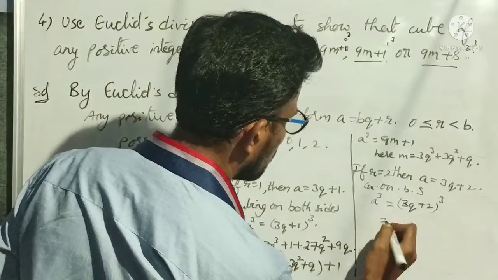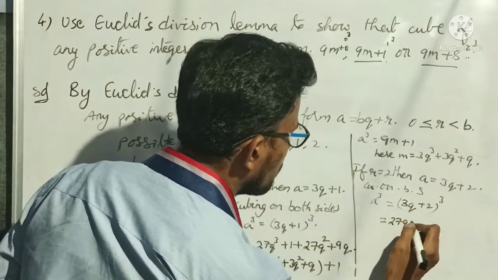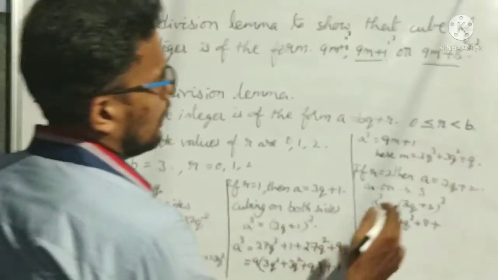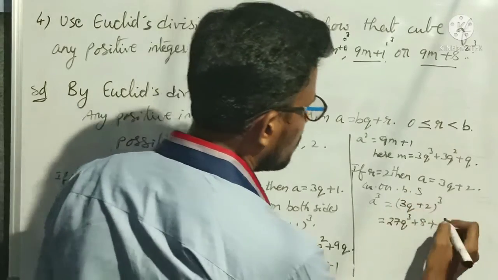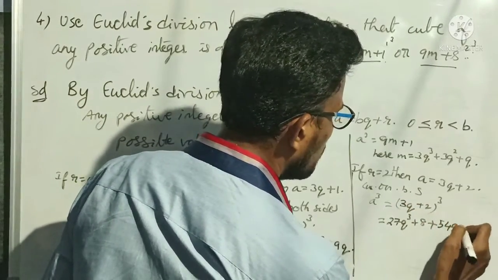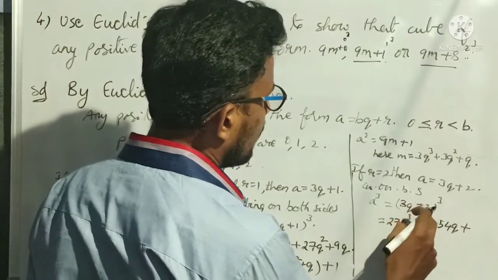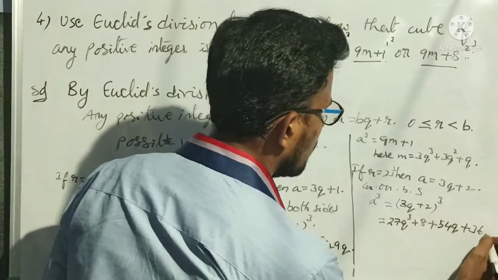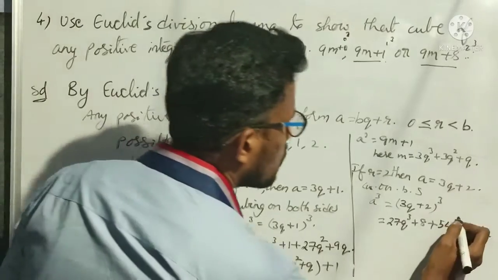So that is equal to a cube means 27q cube, plus b cube means 8, plus 3a square b, 3 into 9, 27 into 2, 54q square, plus 3ab square, 3 into 3, 9, 9 into b square is 2 square is 4, 9 into 4, 36q.